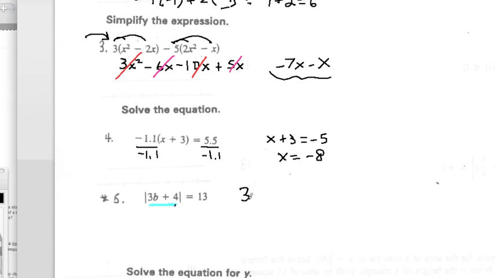So we have 3b plus 4. What do we say the cases were? 3b plus 4 has to equal 13 or 3b plus 4 equals negative 13.